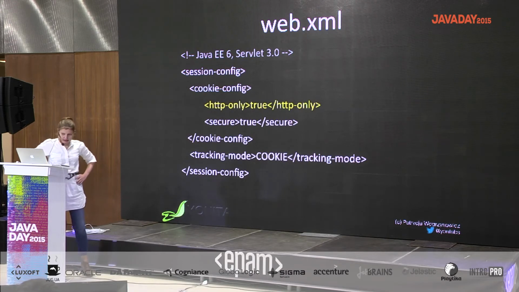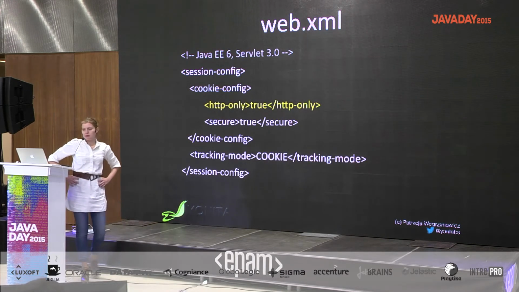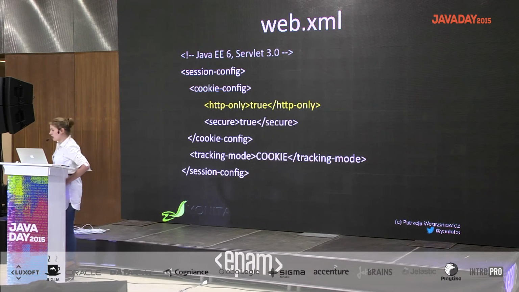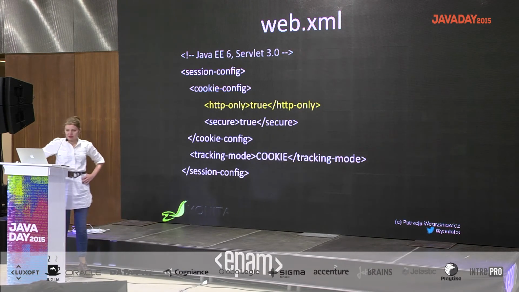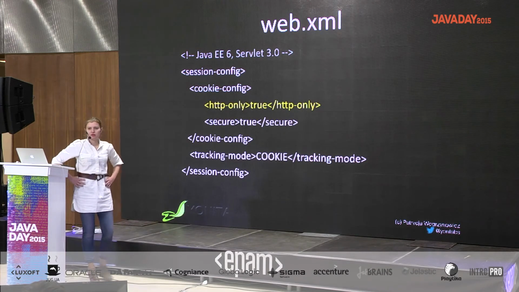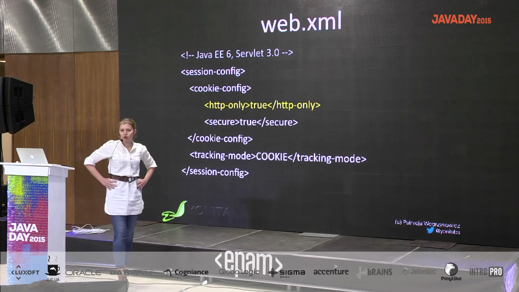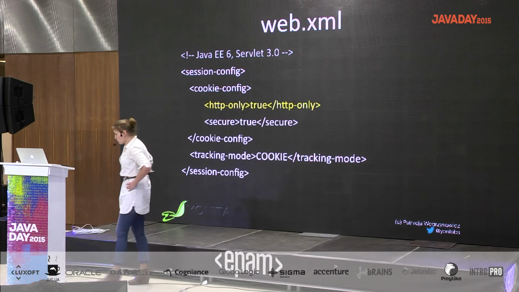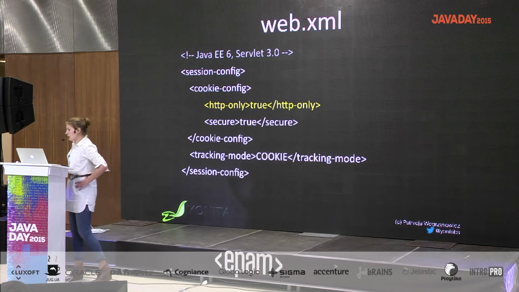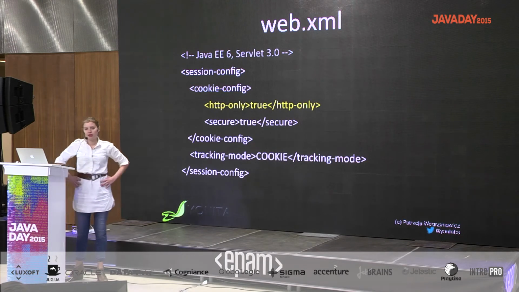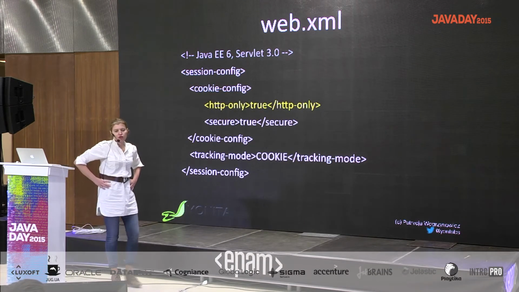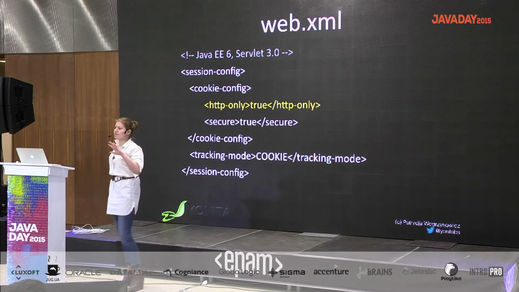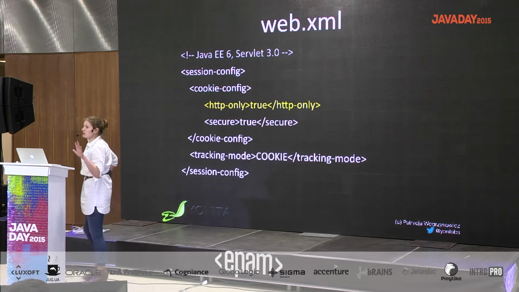How can we avoid that? In our web.xml, we should configure HTTP only flag for our cookies. Surprisingly, HTTP only flag was introduced by Internet Explorer, and now it's standard for most modern browsers. Unfortunately, it's not a part of HTTP protocol, so it's not in the spec, but still most modern browsers support it.